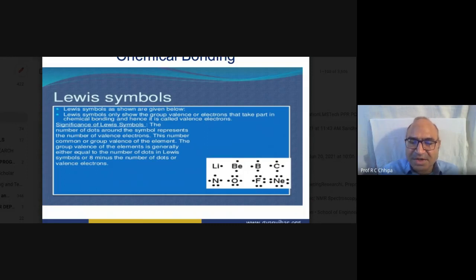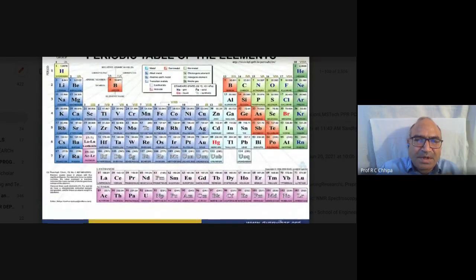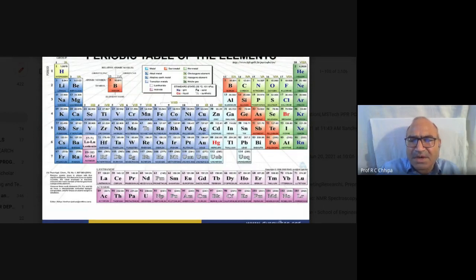We can go further and look at the periodic table: lithium, beryllium, boron, carbon, nitrogen, oxygen, fluorine, neon. In increasing order of atomic number: lithium 3, beryllium 4, boron 5, carbon 6, nitrogen 7, oxygen 8, fluorine 9, and neon 10. The Lewis dot structure of an element is given by the different dots.